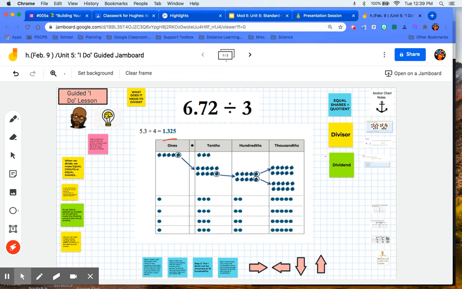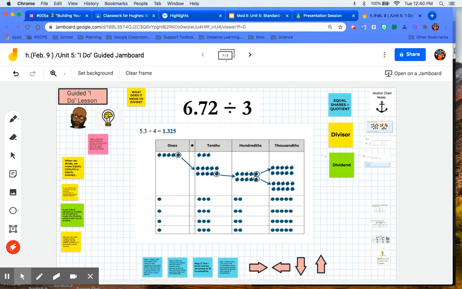With place value, you should be familiar with each place value in a number. Ones, then you would have tens, then you would have hundreds, and so forth to the left of the decimal point.